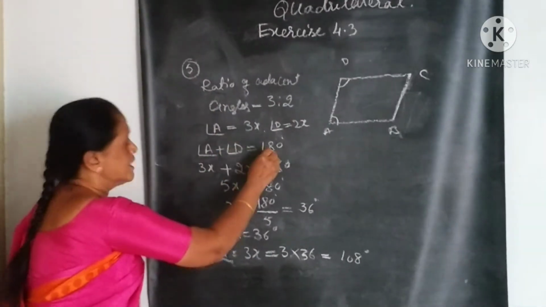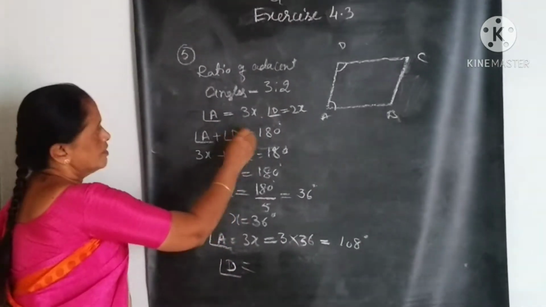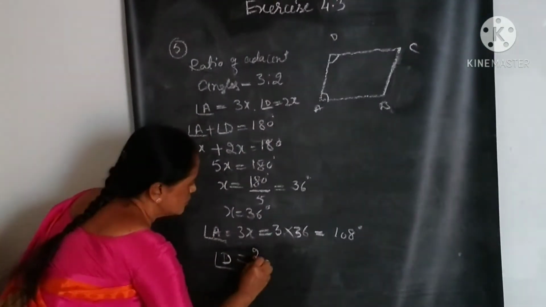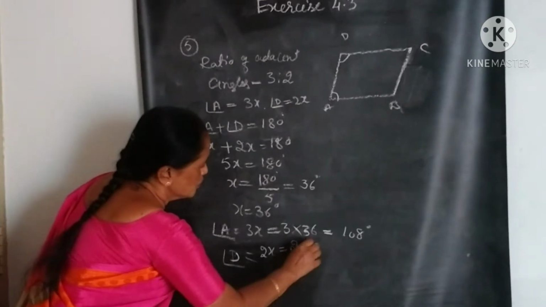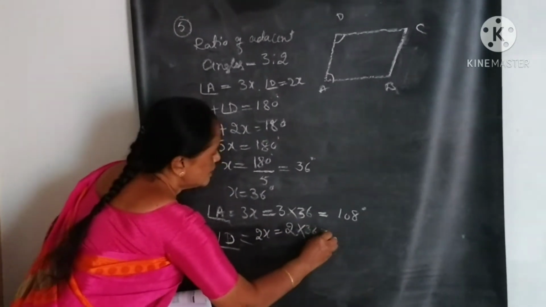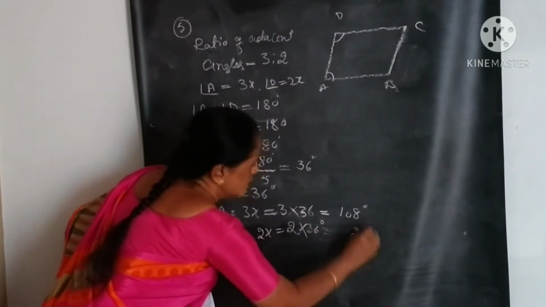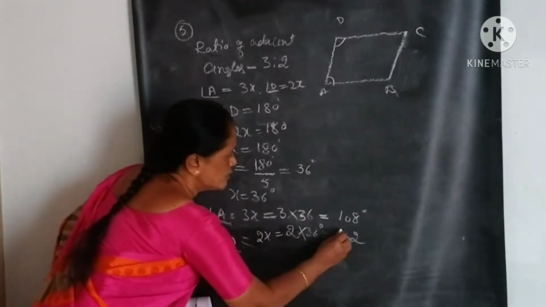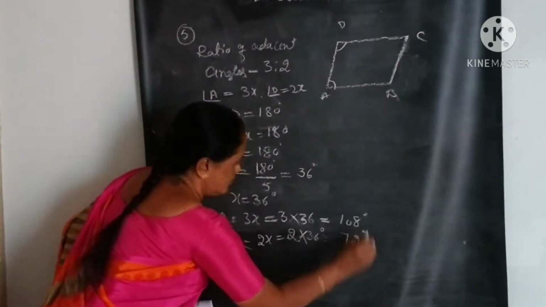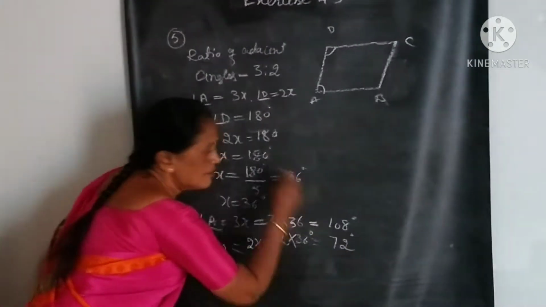Then find angle D. Angle D is how much? D is 2x. That is equal to 2 into, what is the value of x? 36. That is equal to 72. Angle A is 108, angle D is 72.